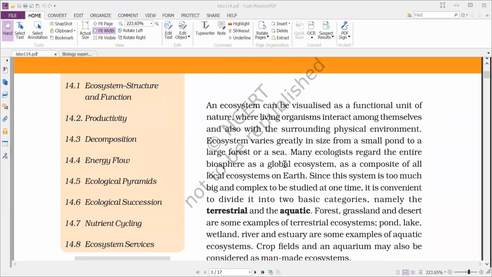And next, many ecologists regard the entire biosphere as a global ecosystem.